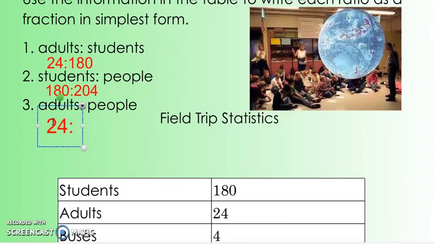We have 24 adults to 204 people. Now, looking at these numbers, and I used a colon to write these ratios. We could use TO in between them, but a colon for me is just the quickest way to write it. And so that's how I chose to write my answers.